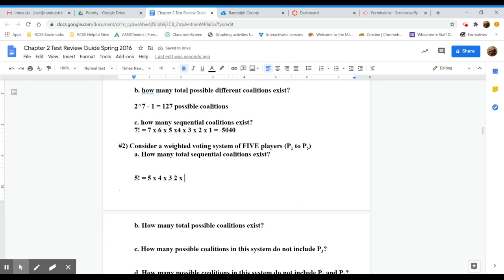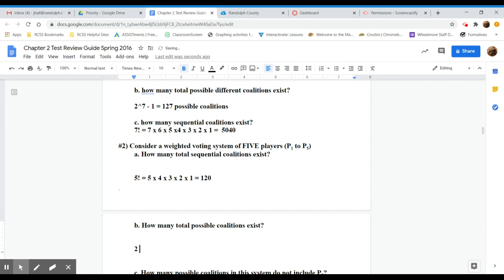And we actually don't even need to do times 1, but I'll put it up there anyway for the purpose of definitions. And we will say 5 factorial, which is 120 possible total sequential coalitions. So you don't really want that many to write out.